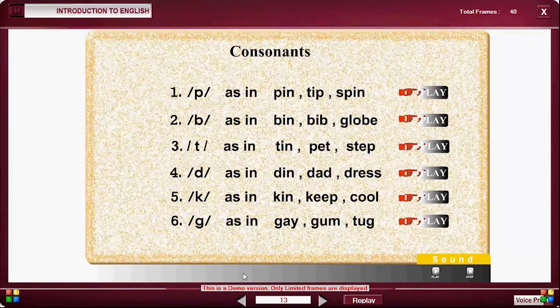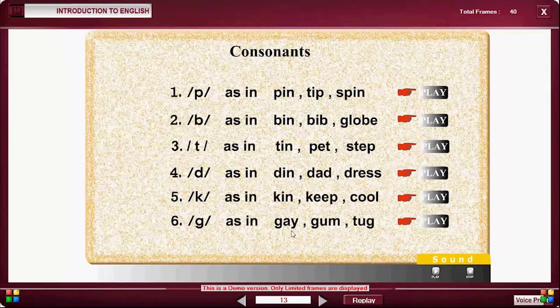Like this, all the 24 consonants are presented, and we have made studying and learning of these sounds very easy, as we give some words to learn it correctly. The G as in gay, gum, tug: to start with that sound, to end with that sound, sometimes that sound in the middle, etc.